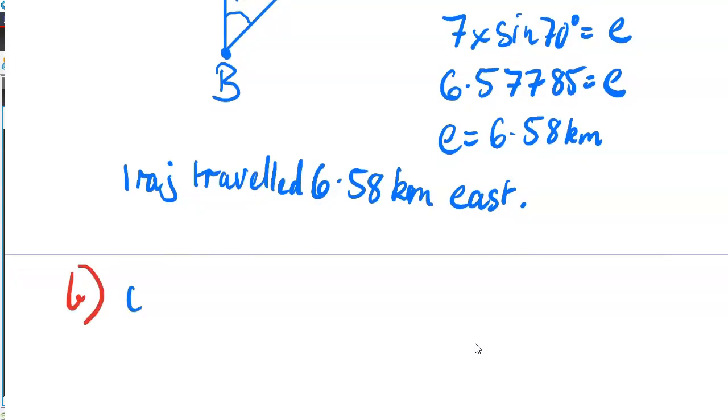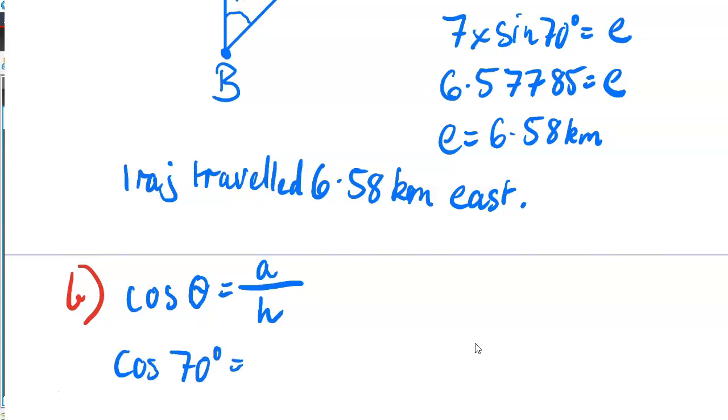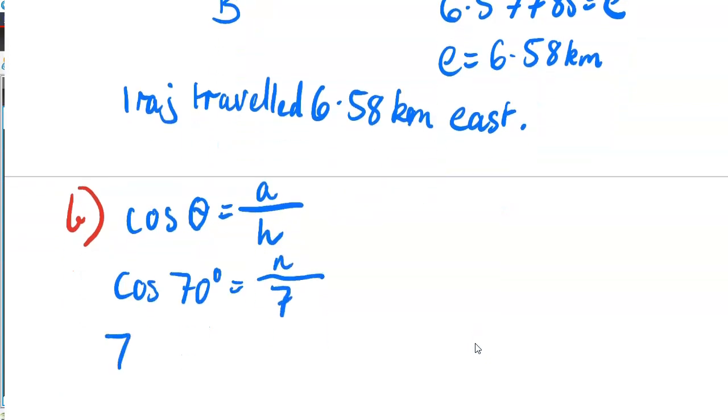So cos angle equals adjacent over hypotenuse, so cos 70 degrees equals, I call that N over 7. So 7 times cos 70 degrees equals N.